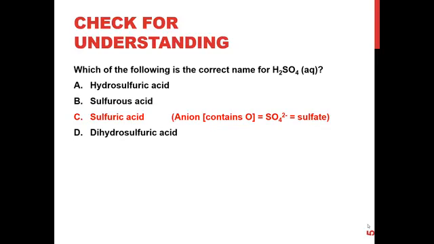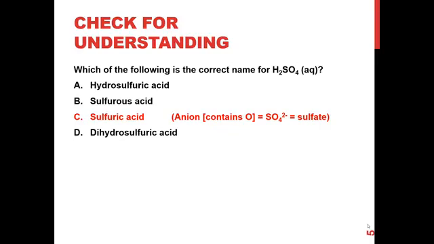H2SO4 contains the anion SO4 2-, which does contain oxygen, which means there will be no hydro prefix in our name. SO4 2- is sulfate. The name of the acid is sulfuric acid.